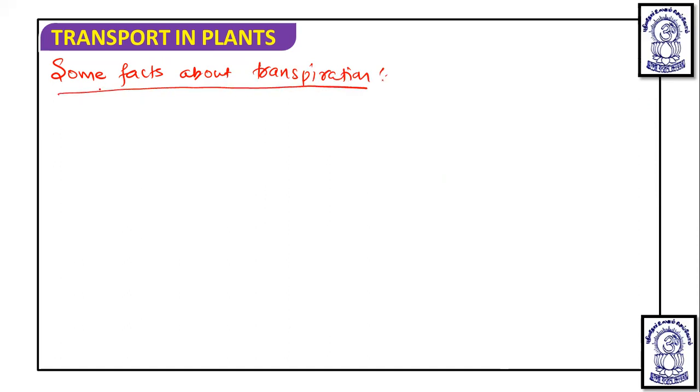Now we have to discuss some more points with respect to transpiration, and those are some facts about transpiration. The first thing we have to talk about is the anti-transpirant.